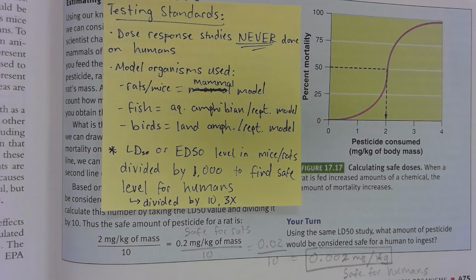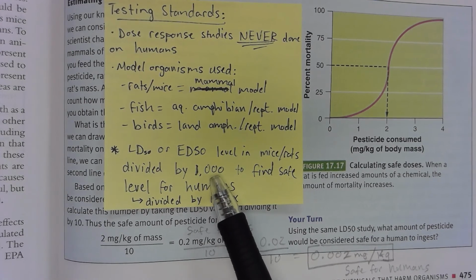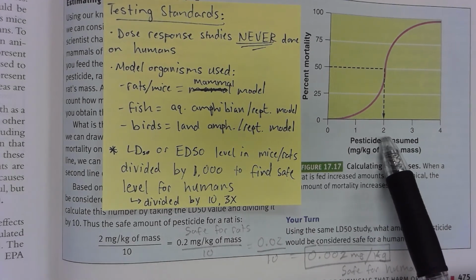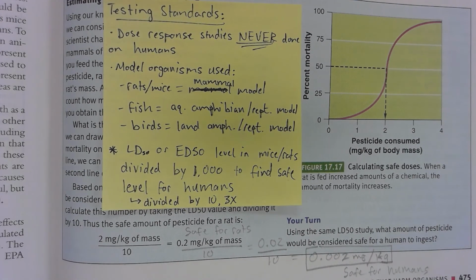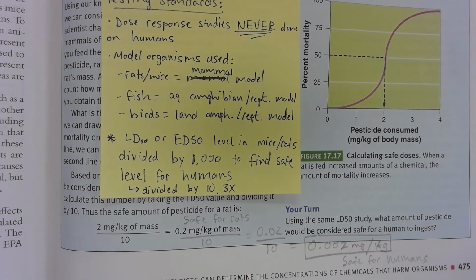So the way that we apply this to humans is dividing it by 1,000. So we cut this down by 1,000, divide it by 1,000, and that's going to give us the safe level for humans. Another way to think about this is dividing it by 10 3 different times.